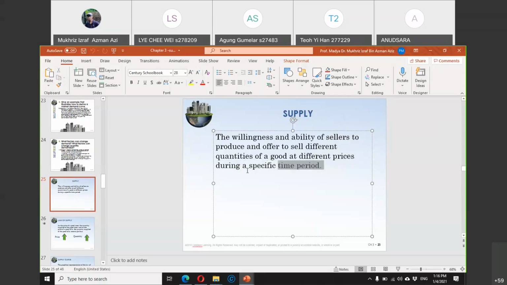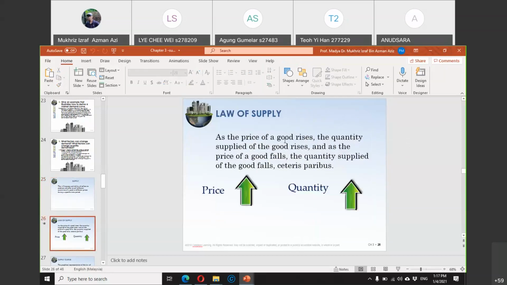This is at a specific time period. This is important because we want to analyze the supply curve at one particular point in time. So the law of supply for normal goods: the higher the price, the more will be supplied.